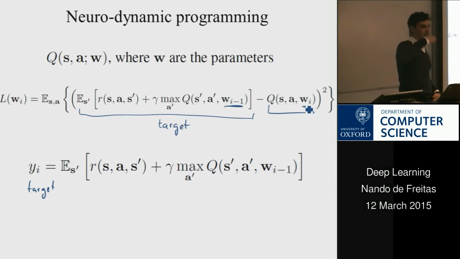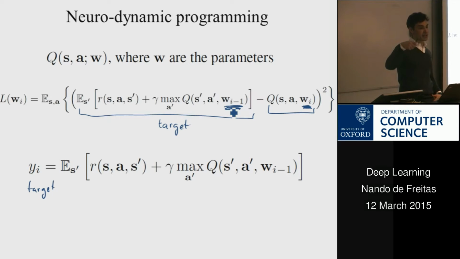So this is at iteration i of the algorithm, and currently what we're going to try to do is update the parameters of this Q function, but for the target, we use the previous parameters.